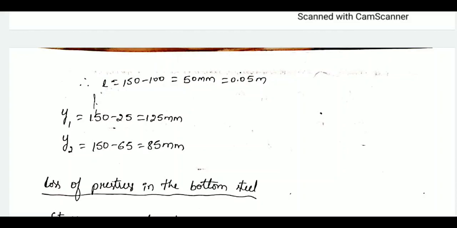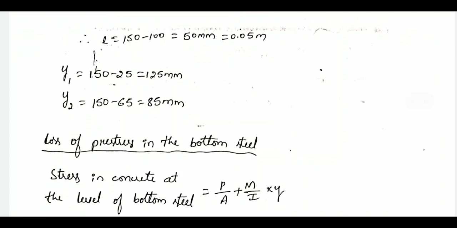Yes, now see here y1 and y2. Here y1 is 150 minus 25. As I said, in the formula P by A plus M by I into Y, this Y value for the top layer, we have 3 cables.